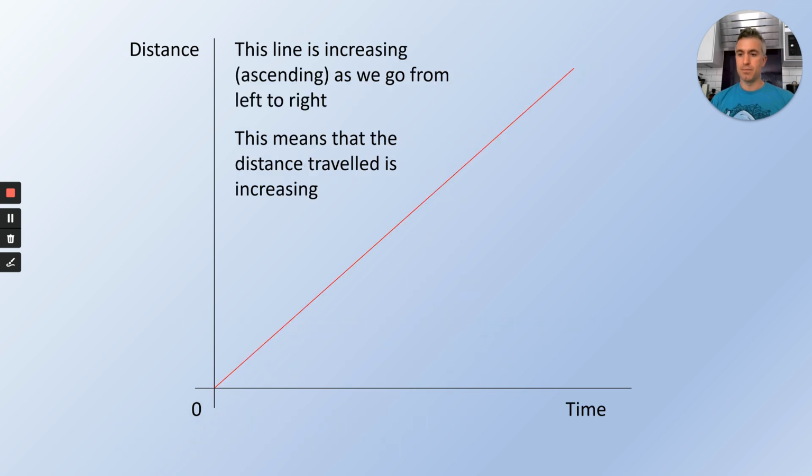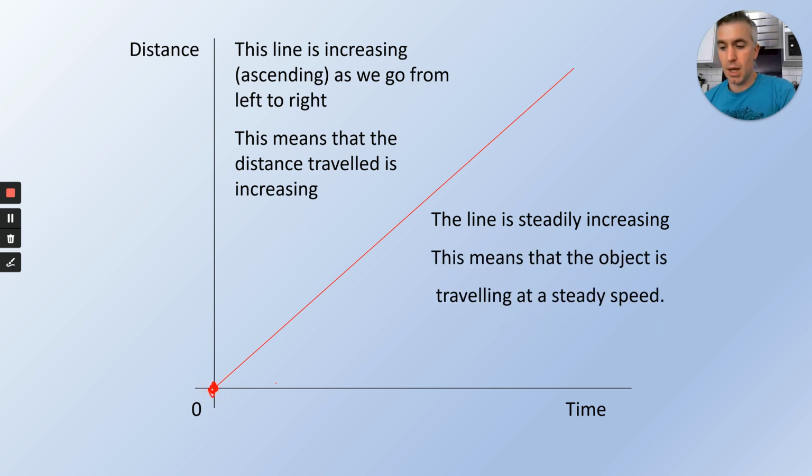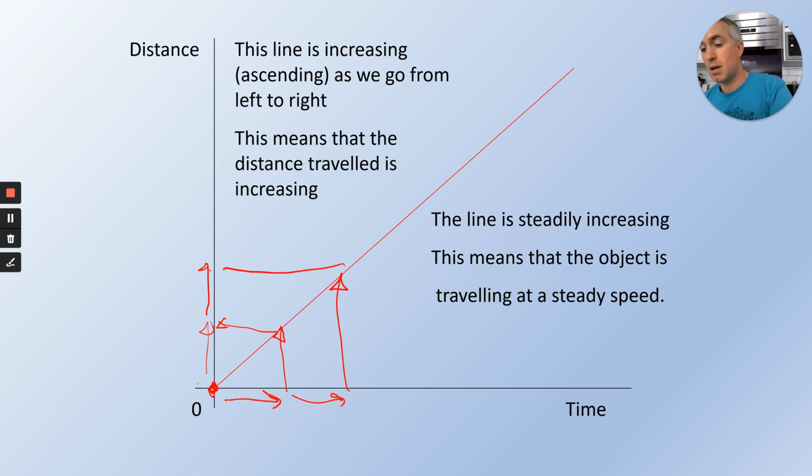Now, this is different. Obviously, this is not the same. This line is increasing. So we notice at 0 time, the object has not moved. If you move a little bit further along, the object has moved a distance. If time moves further along, it's moved again. If this distance here and this distance here are the same, which means if you have a straight but diagonal line, the object is traveling at a steady speed.